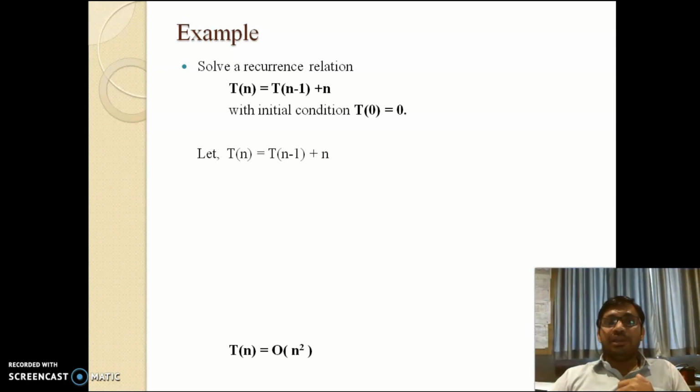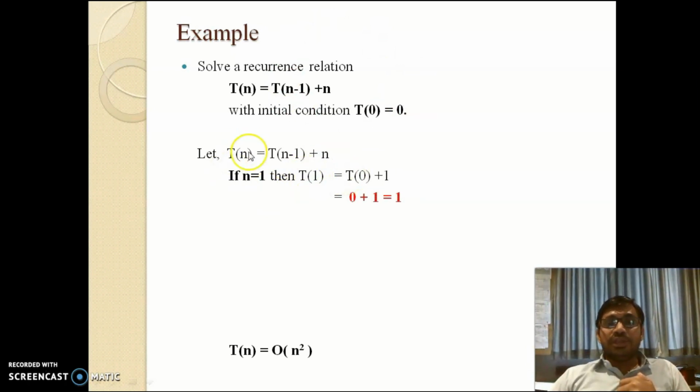It is already given. Now put the value of n starting from 1. If the value of n is equal to 1, then we can write T of 1 is equal to T of 1 minus 1, that is T of 0 plus 1, right?